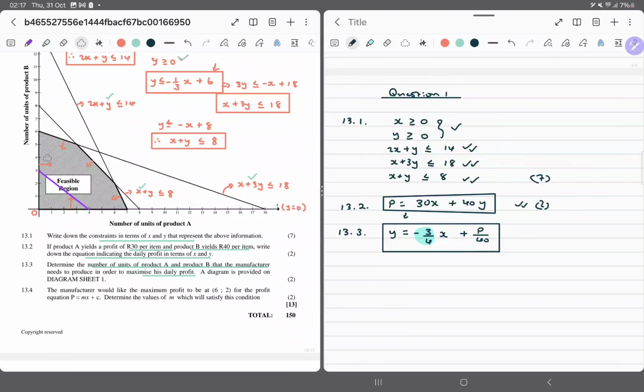And then we steal that line and put it over there. So when you move it into the corners, remember you try the corners. It can't be maximum here. But can you see when you put it here, it must not go into the feasible region. We put it there, it cannot go into the feasible region. But when we place it here, can you see it does not go into the feasible region, but here it does. So that would be the area for maximum.